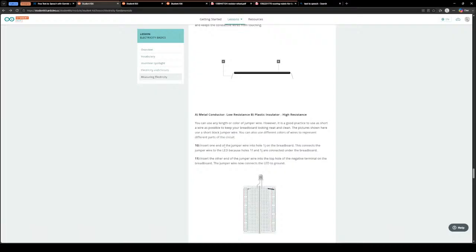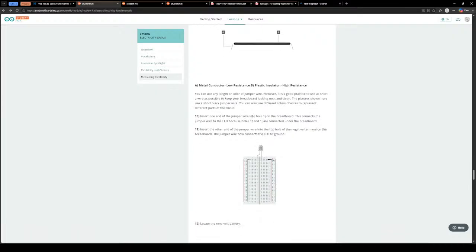1G to the breadboard disconnects. Okay. 1G onto the breadboard disconnects the jumper wire to the LED.